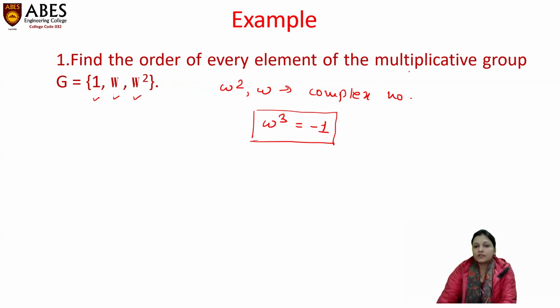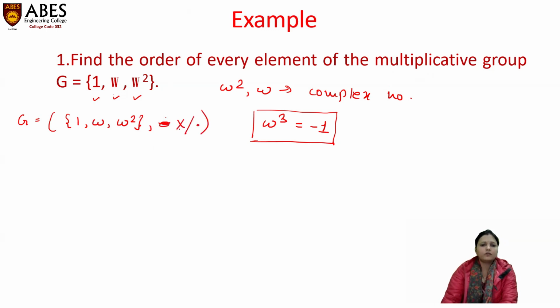Here the operation given is multiplication. So G is a group where the set is {1, omega, omega square} and the operator is the multiplication operator, which we can also denote by a dot. So here we have to find the order of 1, then omega, and then omega square.